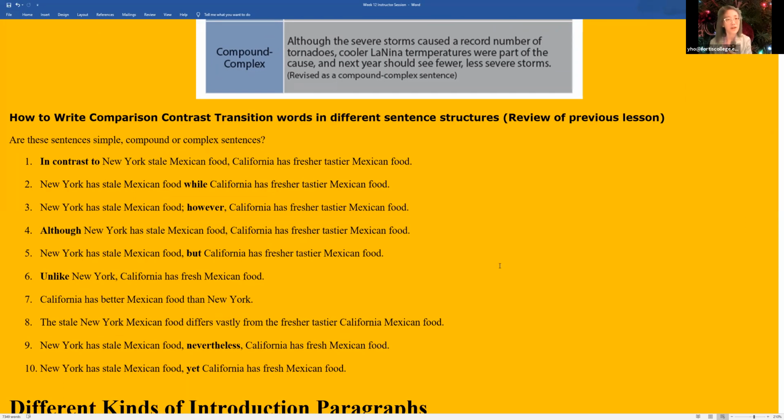And so here, I will ask you, are these simple, compound, or complex sentences? So in contrast to New York State's stale Mexican food, California has fresher, tastier Mexican food. So I would ask you guys, is this a simple, compound, or complex sentence?